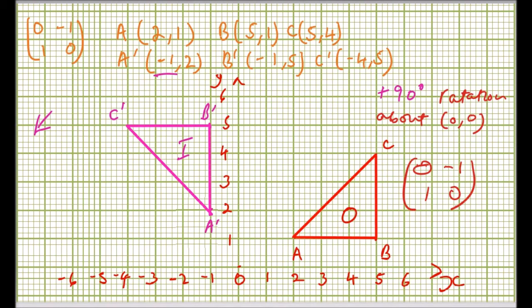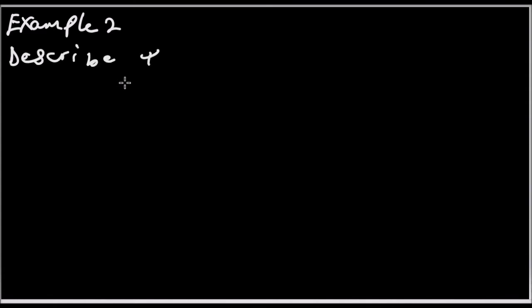So let's have a look at another example and be able to see the kind of rotations these matrices represent. So here is our example 2, and we are to describe the transformation represented by the matrix.